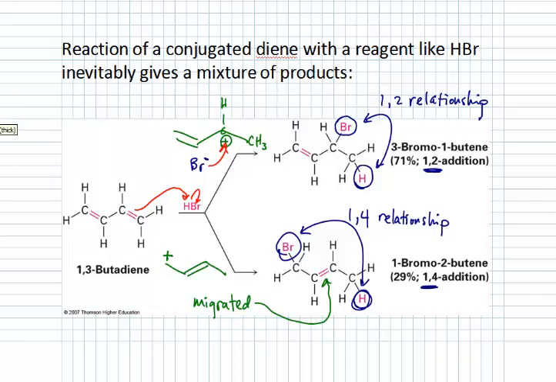We now have the plus charge on the end, which the bromide can attack, giving this other product. Just to remind ourselves, this is the other resonance structure of the carbocation intermediate of this reaction.